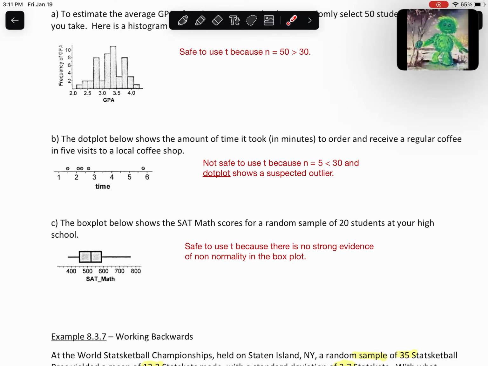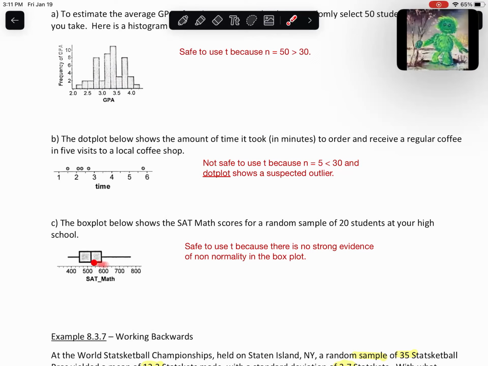Scenario C, box plot of math scores for a random sample of students at our high school. I don't see any information about the original population being normal. I don't have a big enough sample size, and yet we can still proceed here because this box plot doesn't show any extreme non-normality.